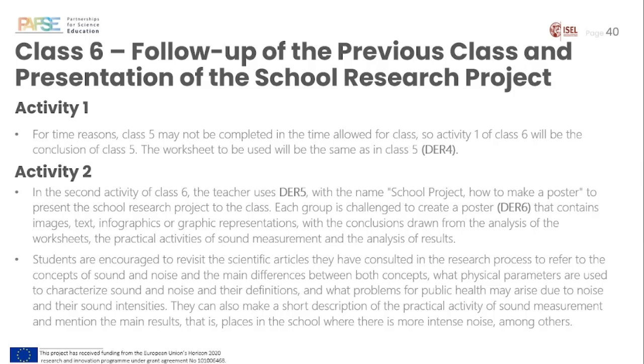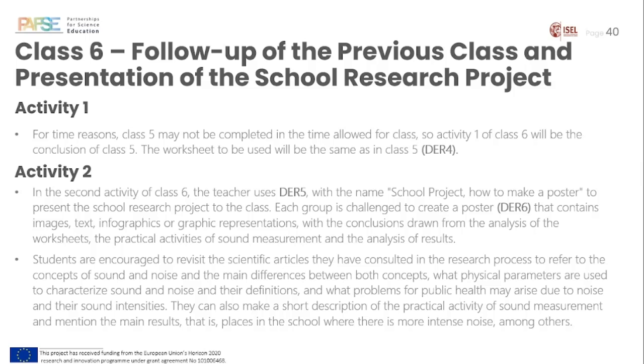Each group in this school research project is challenged to create a poster that contains images, text, infographics, etc., with the conclusions drawn from the analysis of the worksheets, the practical activities of sound measurements, and the analysis of results. Students are encouraged to revisit the scientific articles they have consulted in the research process, to refer to the concepts of sound and noise and the main differences between both concepts.